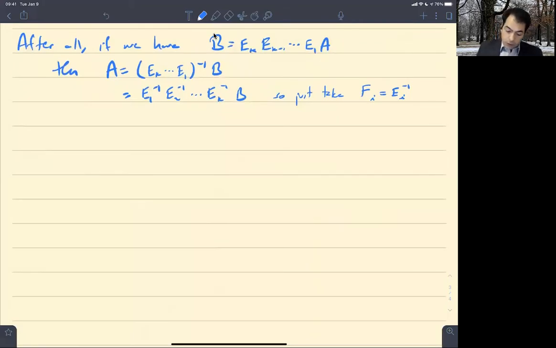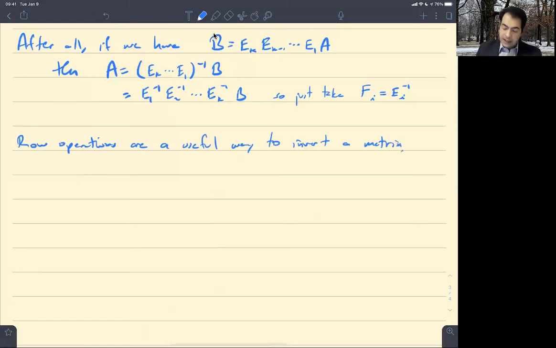So row operations, now that we can write them as matrix multiplications, they give us a useful way to invert a matrix. Okay, so why is that? Well, let's combine the following two facts.